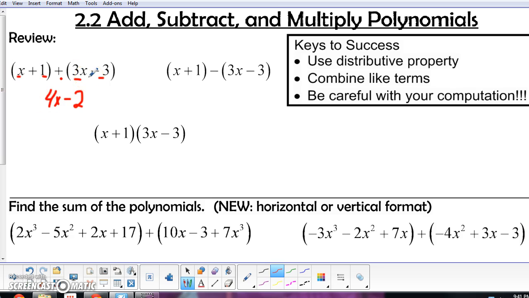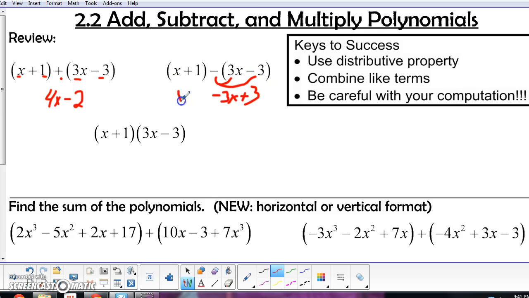When I am subtracting polynomials, one thing I like to remember is I take this negative sign, and because I'm subtracting both terms here, I think of it as distributing the negative sign to both terms. So I write this as negative 3x, and then the opposite of negative 3 is going to become positive 3. So really I'm going to be adding a 3 at the end here.